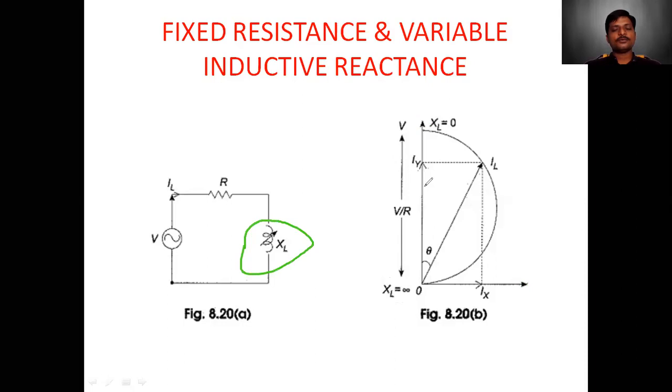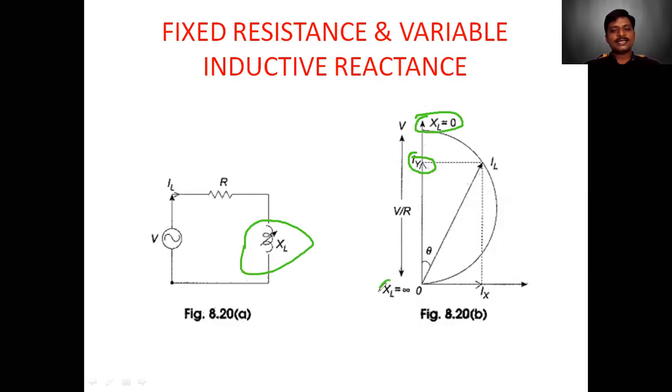In that case, voltage vector and current vector will be in phase, because you have only resistance.